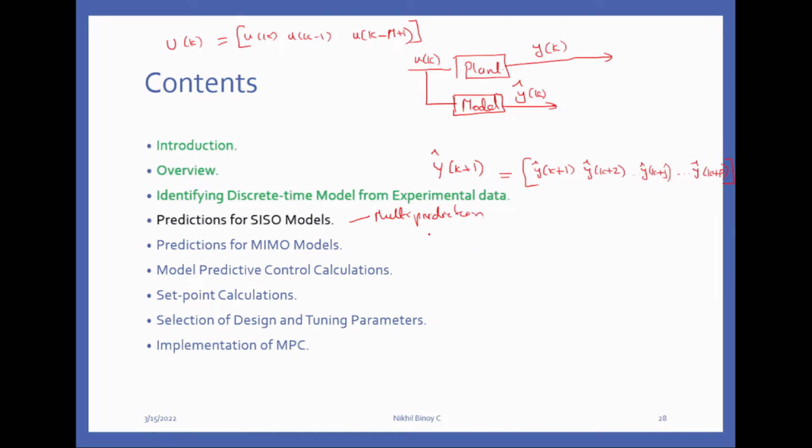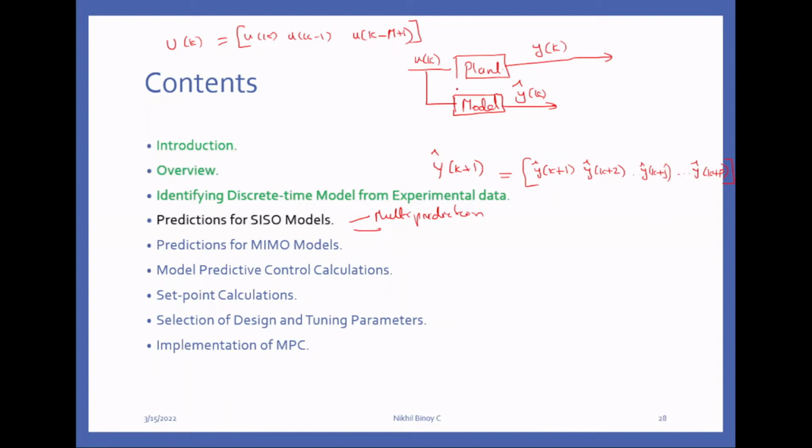Okay, after multi prediction, then we have to discuss about, see here, the model is an exact representation of the plant. Now in the first class or in the first section, I told you if this plant is affected by disturbance, some disturbances are measurable.